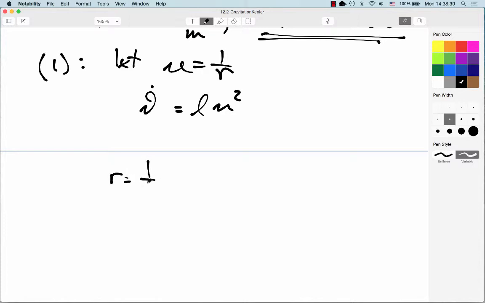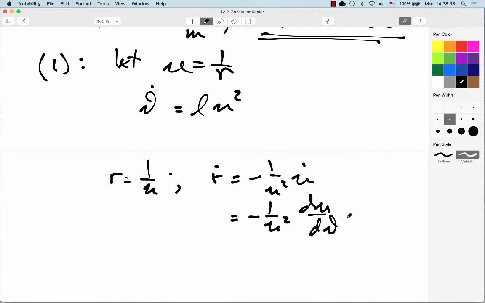Since r is equal to 1 over u, r dot would be minus 1 over u squared times u dot, which is equal to minus 1 over u squared, and then the next trick we do says du d theta times d theta dt, chain rule.